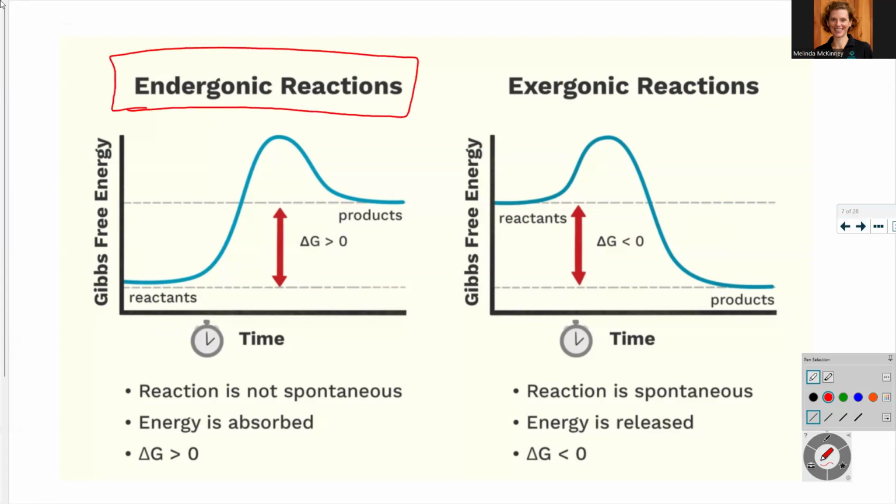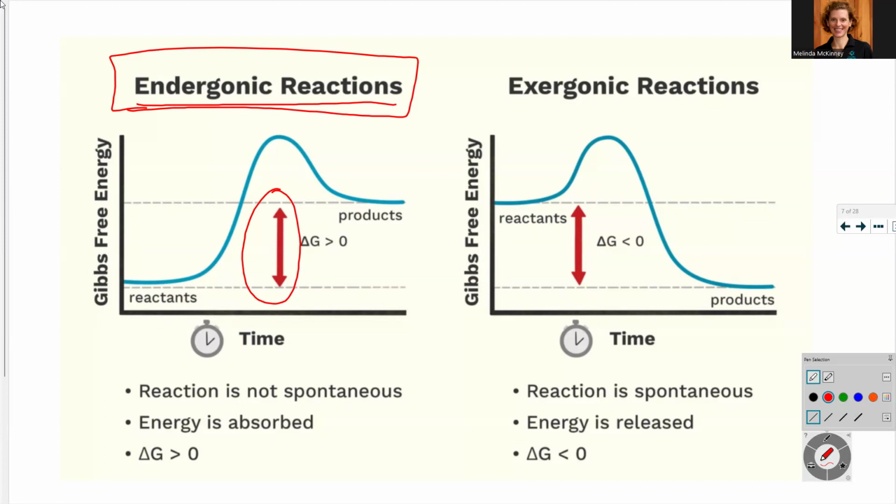We talked about the laws of thermodynamics. Things generally go from high order to less order. And so in an endergonic reaction, it's actually going to require energy. That means we're going to go opposite to the natural state of affairs.